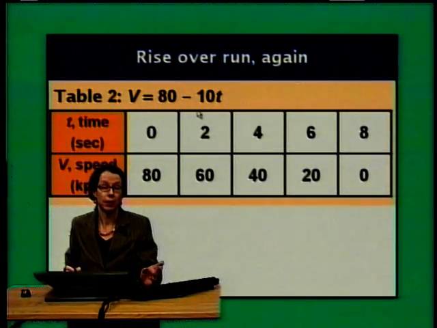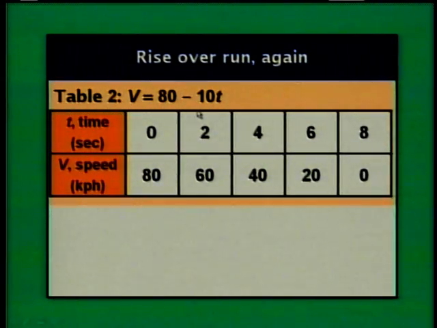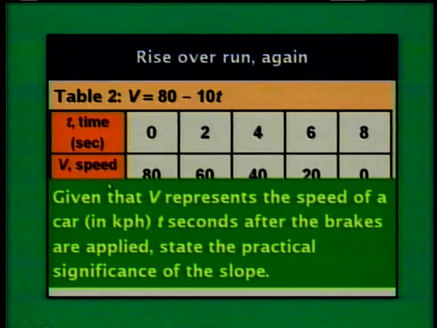So now I have the same table of data, but now I've labeled the variables. Now we're being told that t represents time in seconds, and v represents speed in kilometers per hour. So given that v represents the speed of a car in kilometers per hour, t seconds after the brakes are applied, state the practical significance of the slope.